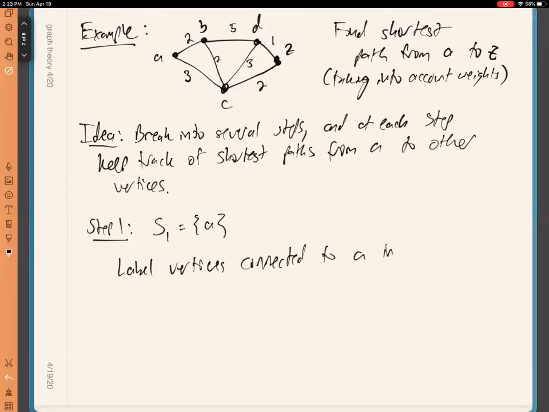When we're talking about weighted graphs, distance no longer means the number of edges, it means you sum up the weights on the edges to get from one point to another.